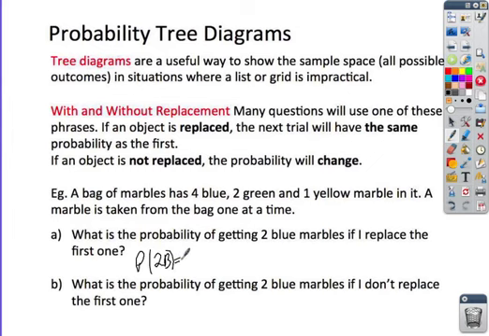This is independent, basically, right? So it's probability of blue times the probability of blue, and those probabilities are the same from trial to trial. So that would be 4/7 times 4/7, which would give us a probability of 16 over 49. Without replacement, as in part B, go to a clean page here.